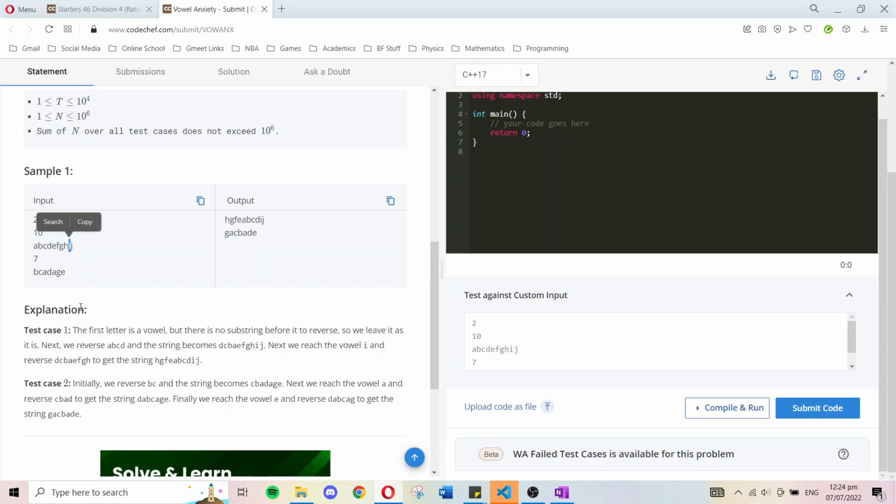Now after the first vowel, the letters after it will be appended on the front of the answer string, because you reversed it, meaning it will be on the other side. Now after the second vowel, it will change the parity, meaning these next letters will be appended on the back, like this. Yeah, right here.